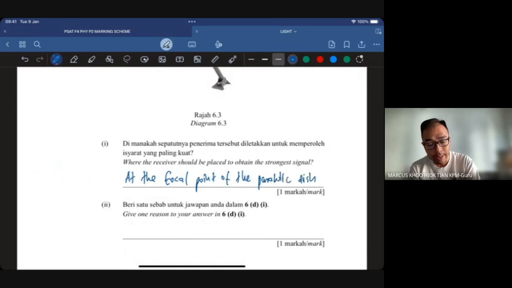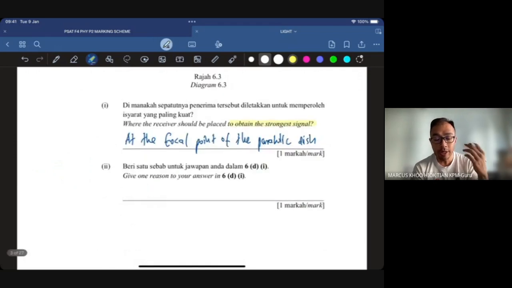Okay, the idea is this: to obtain the strongest signal, you need to put it at the focal point of the parabolic dish.